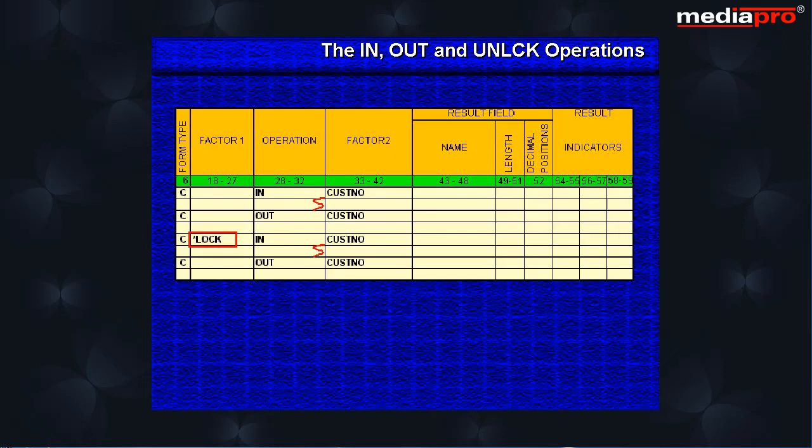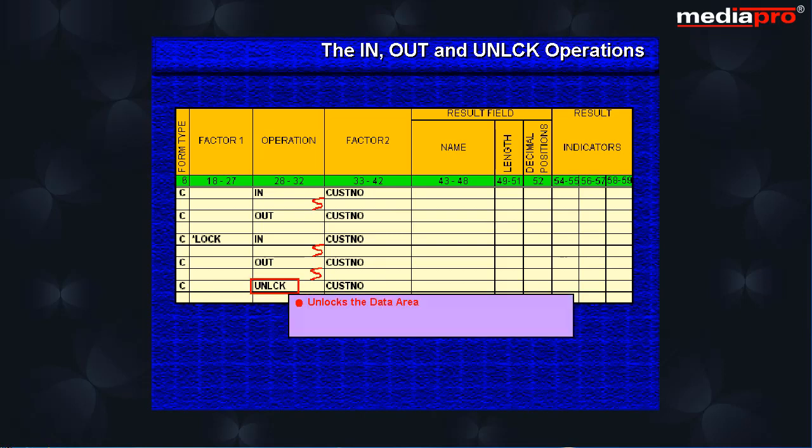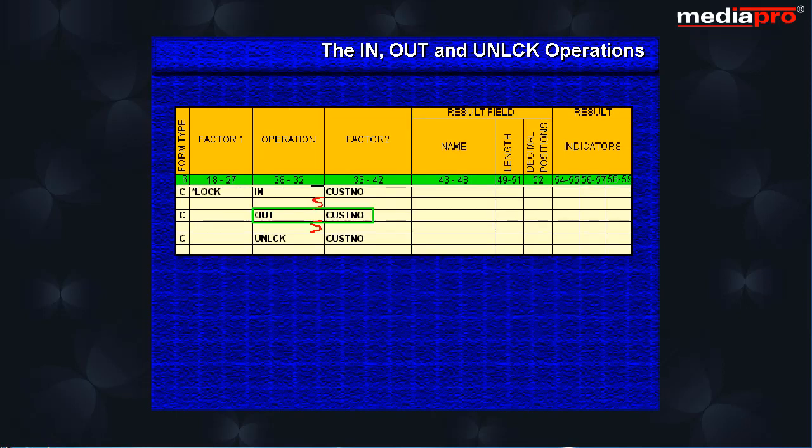A value of *LOCK in factor 1 can be used to place an exclusive allow read lock on the data area. The lock remains until either an UNLCK operation is used or the program ends. The UNLCK operation makes the data area available to other programs but does not update the data area on the auxiliary storage. The name of the data area has to be coded in factor 2.